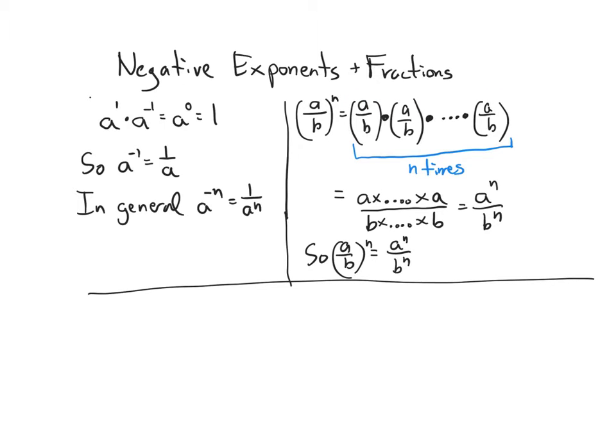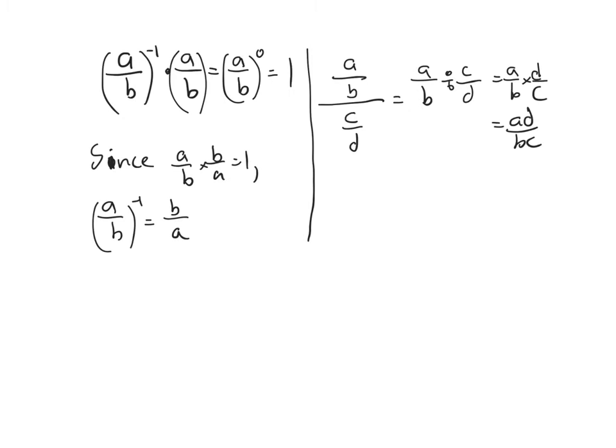You multiply numerators, so it's a times itself n times, and the denominators b times itself n times as well. So if you have a fraction to the power of n, then all it is is the numerator to the power n over the denominator to the power of n.